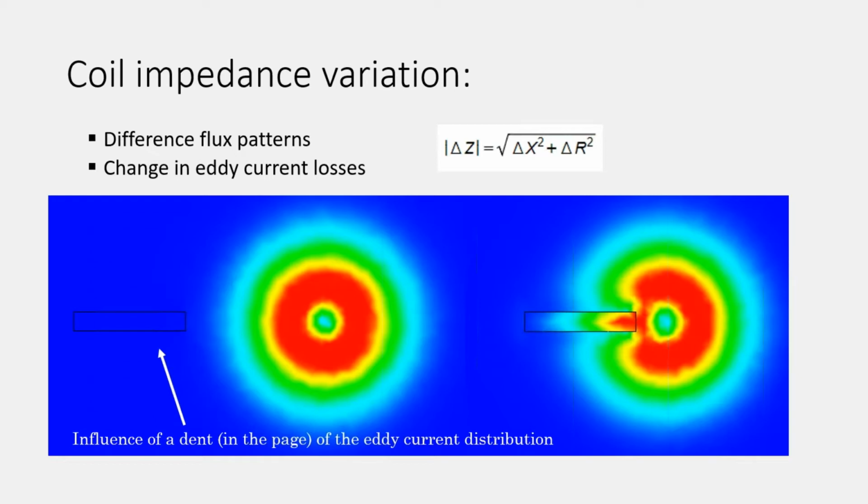So, for example, if eddy currents have higher magnitude, which they will in those zones where there is no flaw in the material, the eddy current losses will be higher in the system, which will be affected through the change in the effective resistance of the coil.